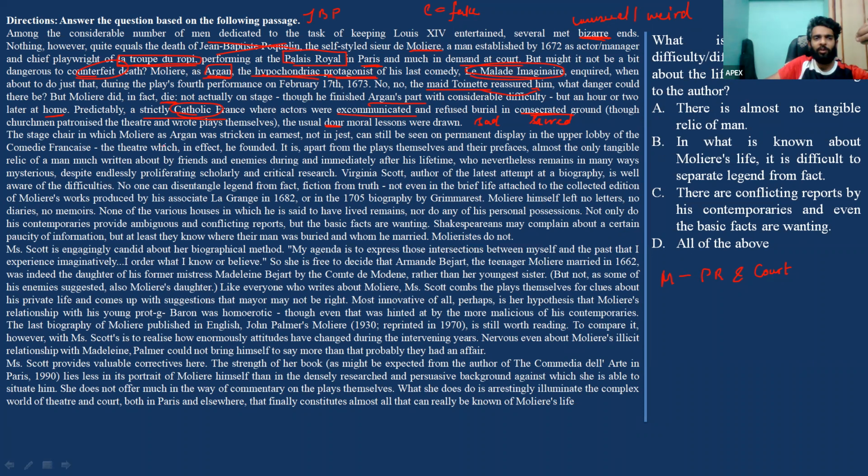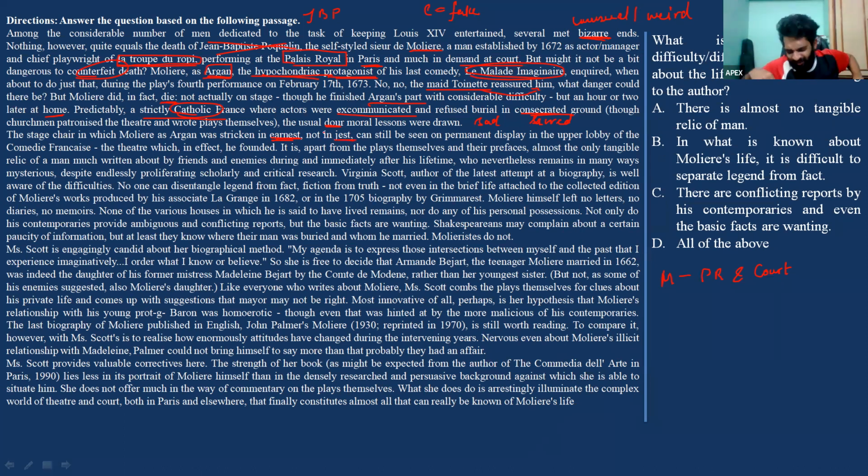Okay, the state chair in which Molière as Argan was stricken in earnest. Now, what is this earnest? See, stricken is struck. Okay, so he was put there. Now, what does this word earnest mean? Earnest is sincere in their efforts, not in jest. Jest is a joke.